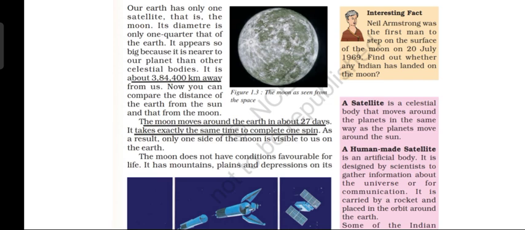Now, children, why don't we see the other side of the moon? Why only one side of the moon is visible to us? So, the reason behind it is that the moon takes 27 days to complete one circle around the earth, and it takes the same time, 27 days, to complete one spin on its axis.